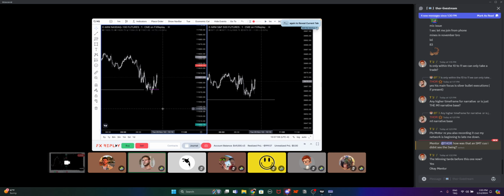I think I would wait for this. Okay, so I would wait for, yes, inverting the fair value gap because now it's trapped. So I think it has a potential to run on some buy side liquidity.